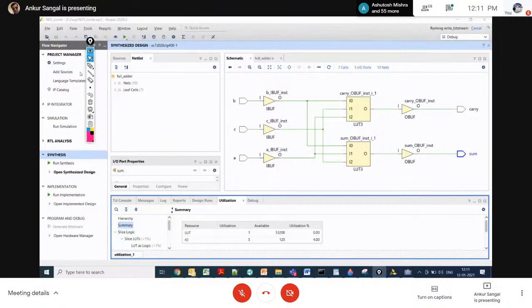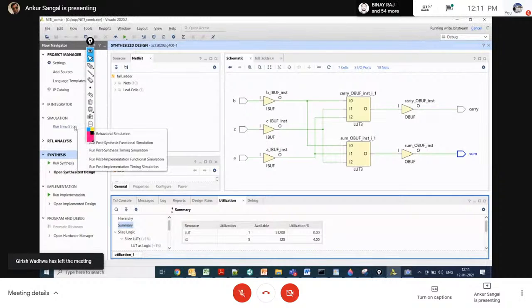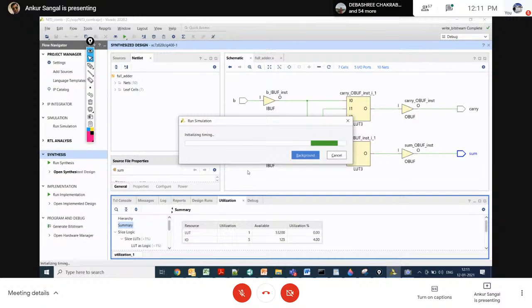Now, if you want to do delay simulation, once it is ready, we can start the post timing simulation. You can click here, run post-implementation timing simulation.